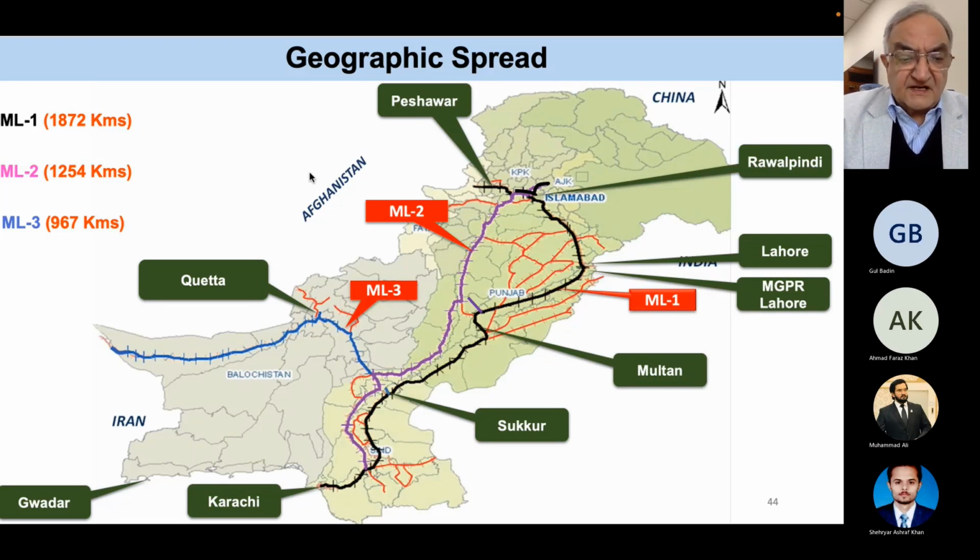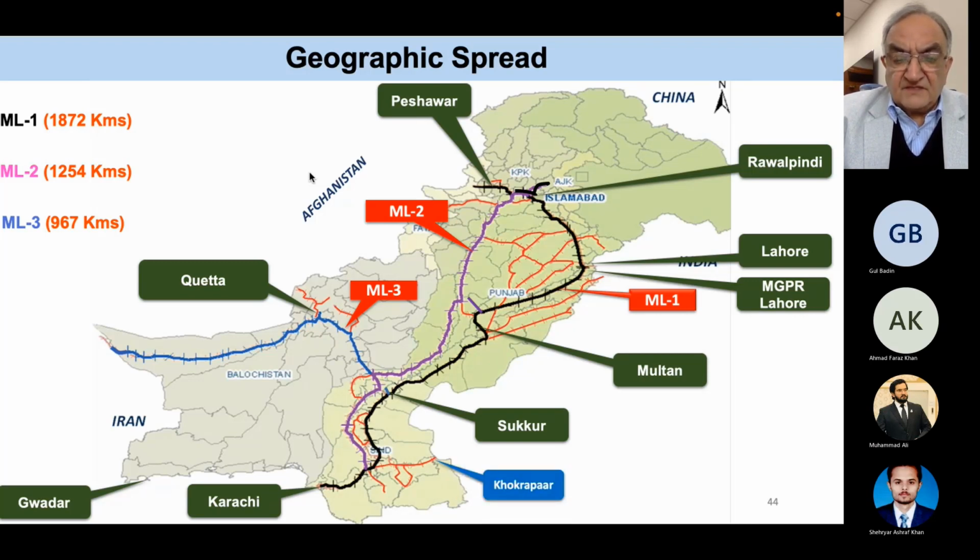So the railway has already purchased land and there are plans for making a huge railway yard there, marshalling yard and other yards, so that traffic can get out and get in. And Gwadar then will be connected to ML-3. It will meet near Jacobabad via Harnai and via different places.